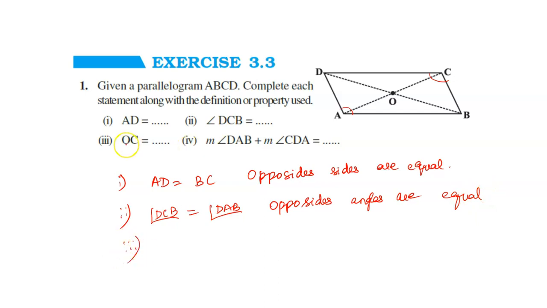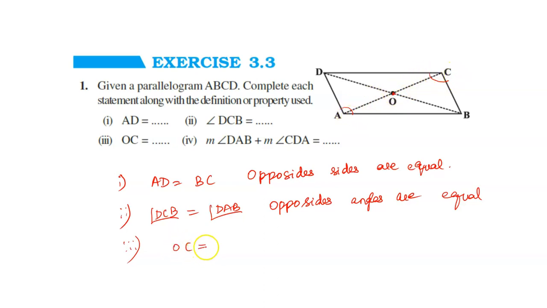So here OC is given. OC will definitely be equal to OA. Why? Because again we have a property of the parallelogram that the diagonals bisect each other. That is, this diagonal DB is bisecting the diagonal AC, so this distance and this distance will be equal, that is OA is equal to OC.